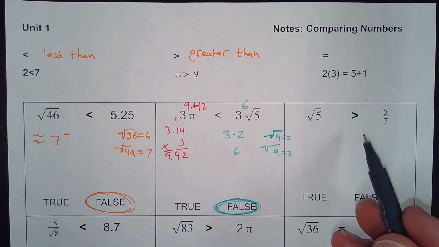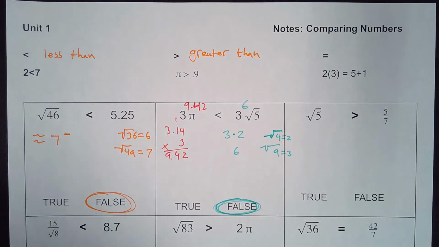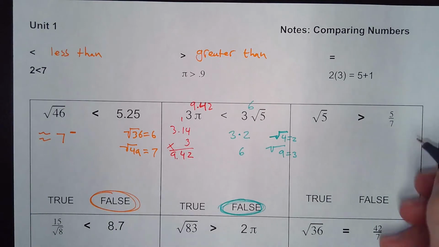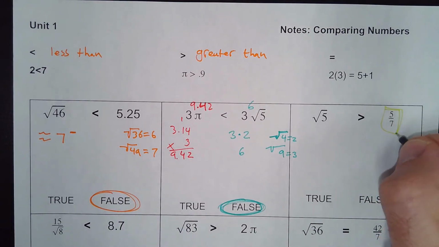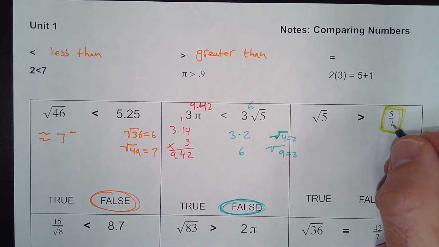All right, this one, we shouldn't really have to spend a whole lot of time on it. Right away, you should notice, well, look at it for a minute and tell me if you notice anything right away. Look at the two numbers that you see there. Look at this one. This number is less than 1, right? It's smaller than 1.